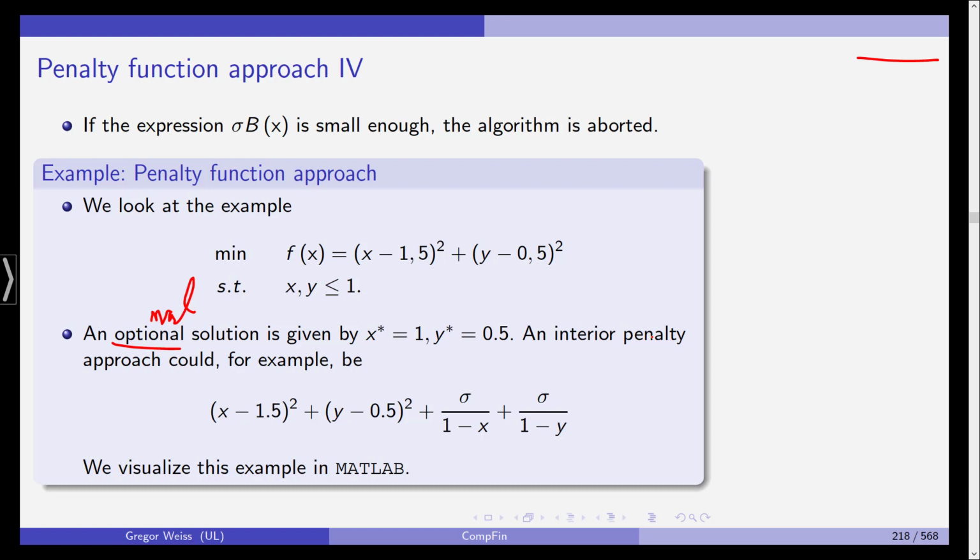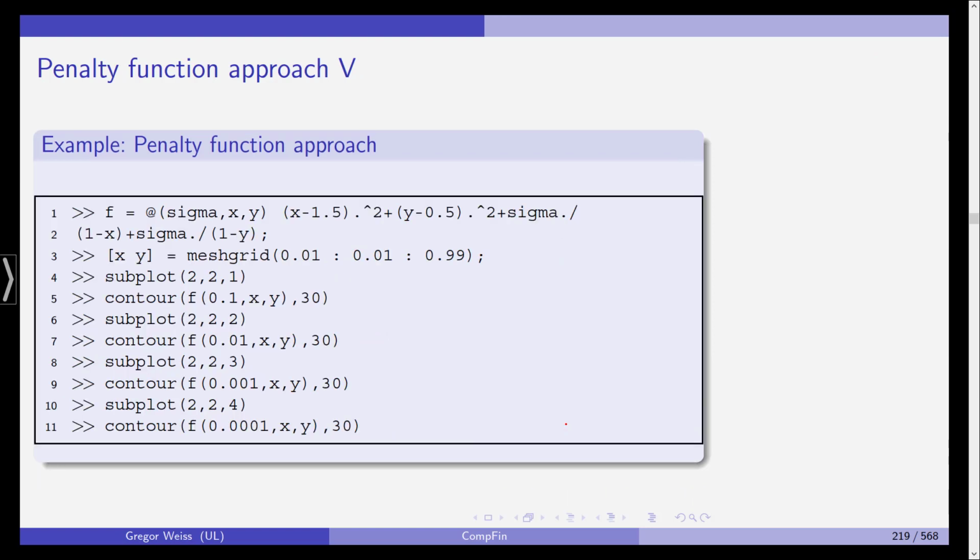And an interior penalty function could, for example, be f of x and y, plus sigma times 1 over 1 minus x plus sigma times 1 over 1 minus y. And let's look at this in Matlab.